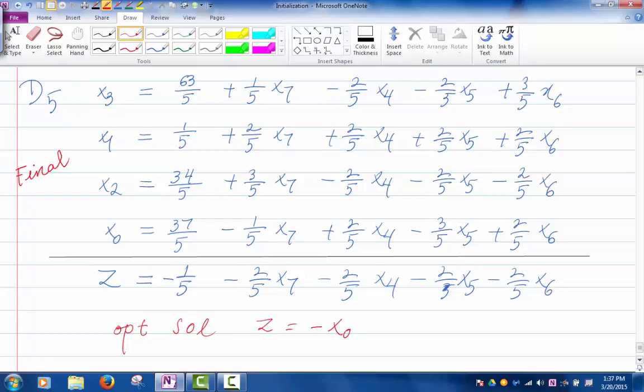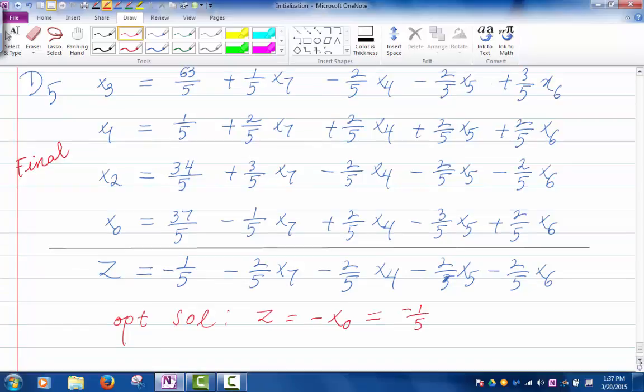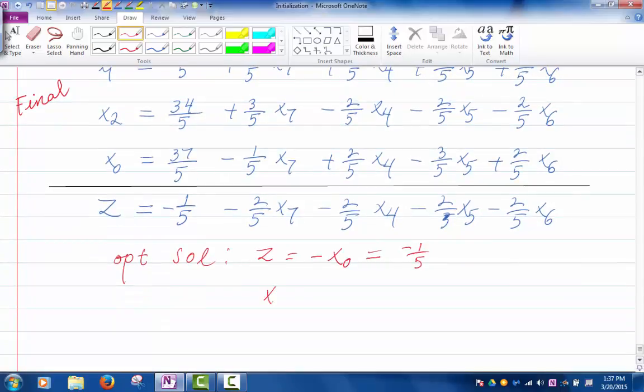And what's the optimal value? Negative 1/5. So what does it tell you about the value of x0? 1/5.